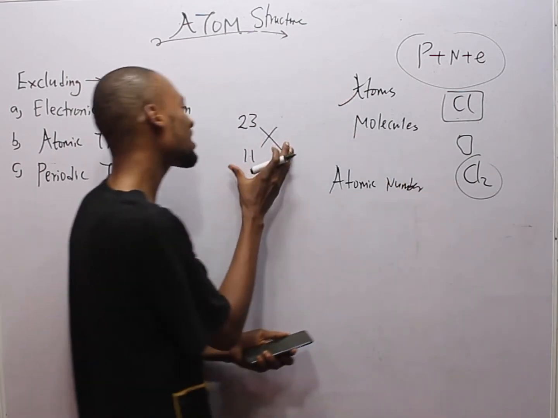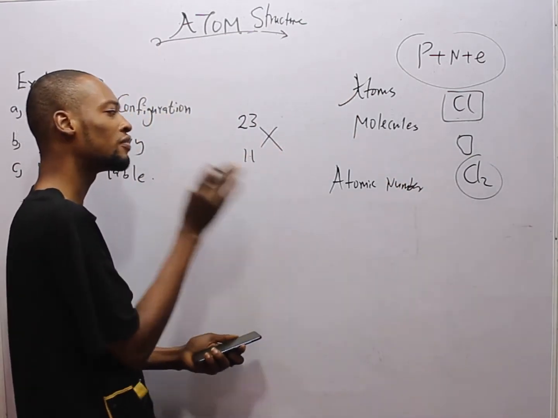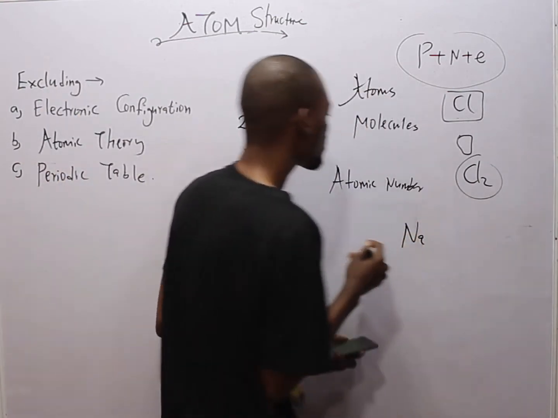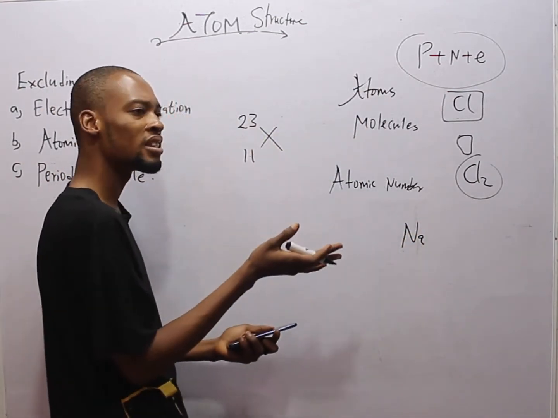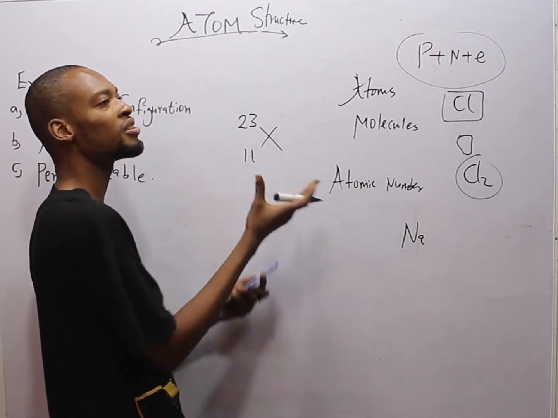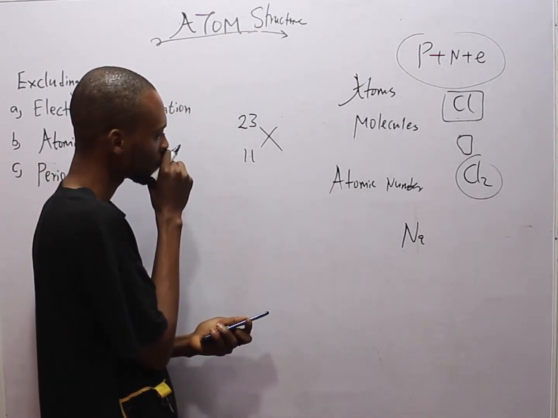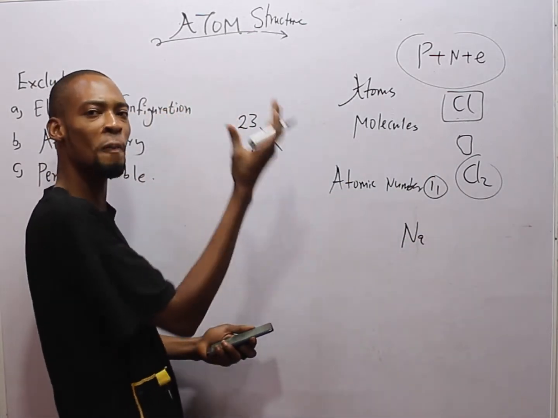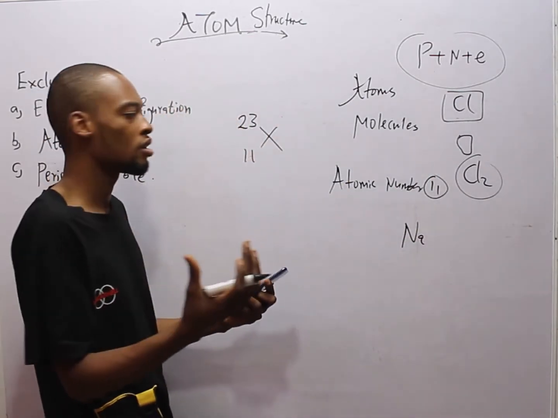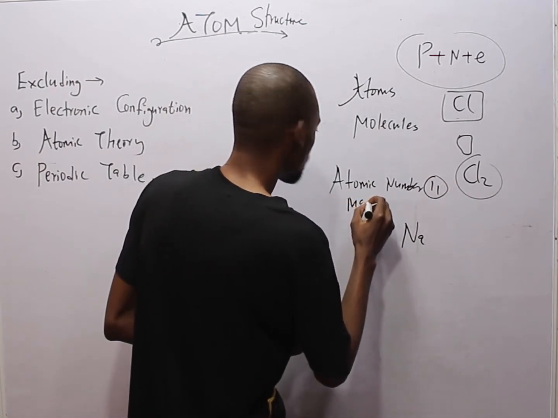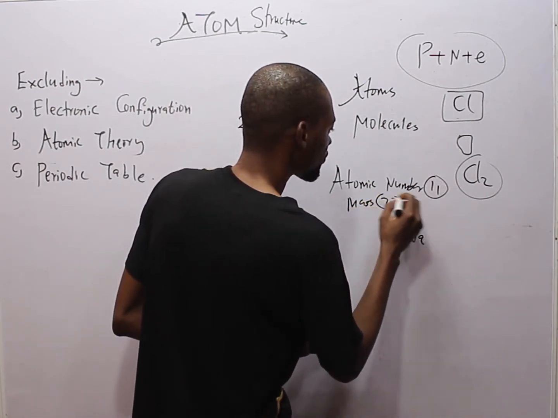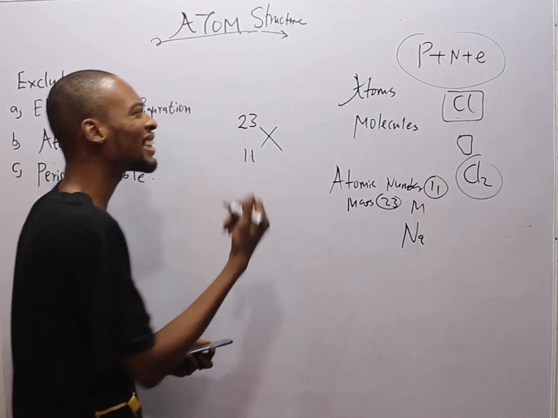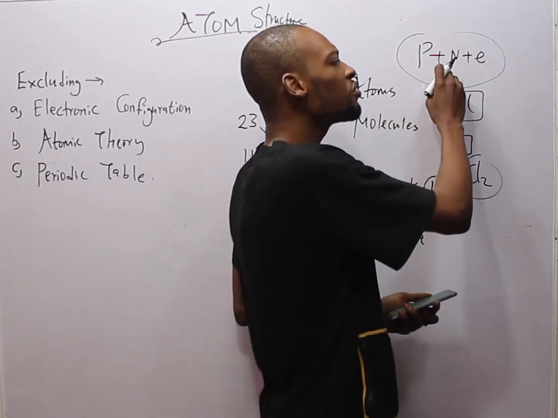So it means this atom has atomic number of 11. So this is obviously sodium. But in most cases, you don't need to know the element. You just have to know the behavior or the structure of atom. So atomic number is 11. The one here is called mass number or atomic mass. So mass is 23. I told you that an atom is made up of proton plus neutron and electron.